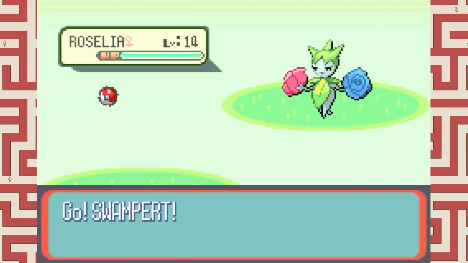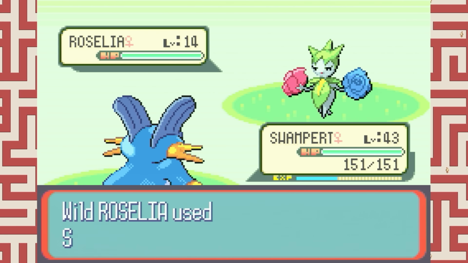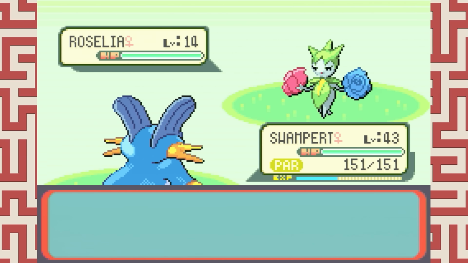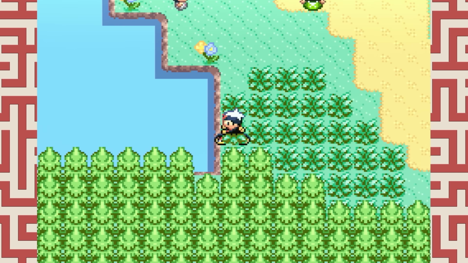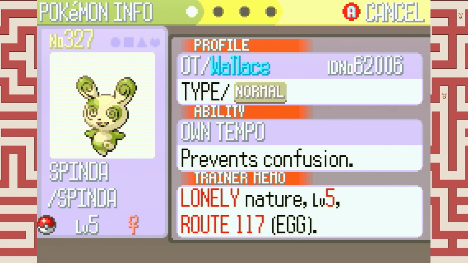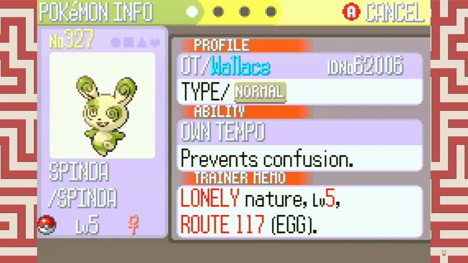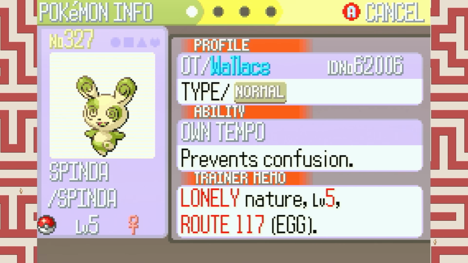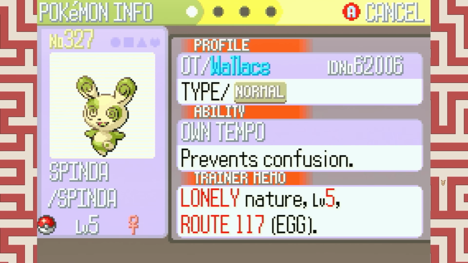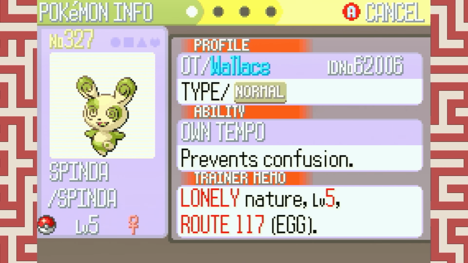So sending it out in battle is cool, but doesn't really highlight the actual pattern. Let's go back. And yeah, if you really want to showcase this Spinda in all her glory, you just got to go back to the summary. But yeah. Who could beat that?